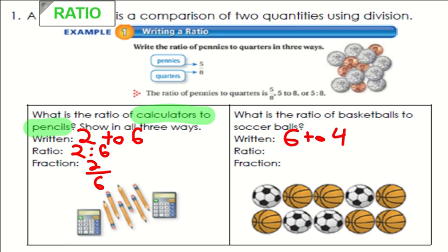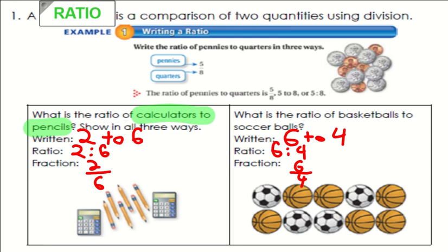The ratio, Greg? 6 colon 4. And then the fraction, Jeremiah. 6/4 is correct.